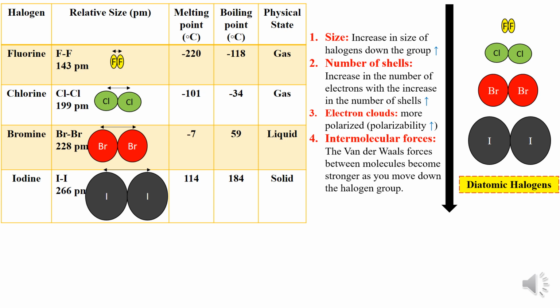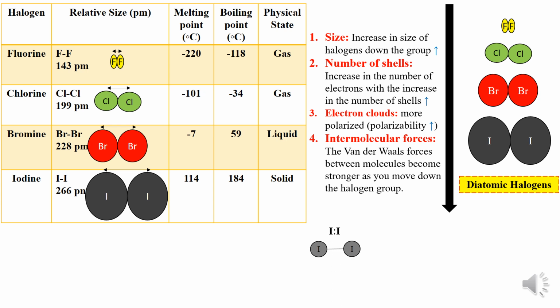As the size increases, the electron clouds tend to be more polarized, and as a result of polarizability, a dipole is induced easily, and this leads to strong van der Waals forces existing between the iodine molecules. This stronger attractive force between the iodine molecules leads to the solid state of iodine at room temperature.